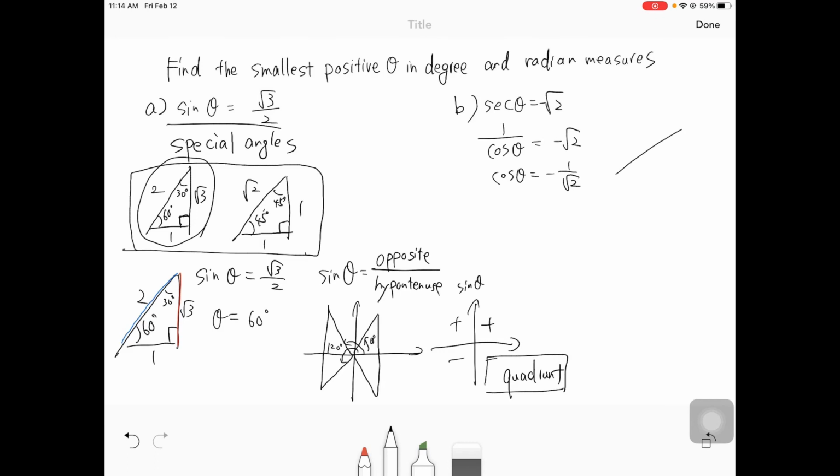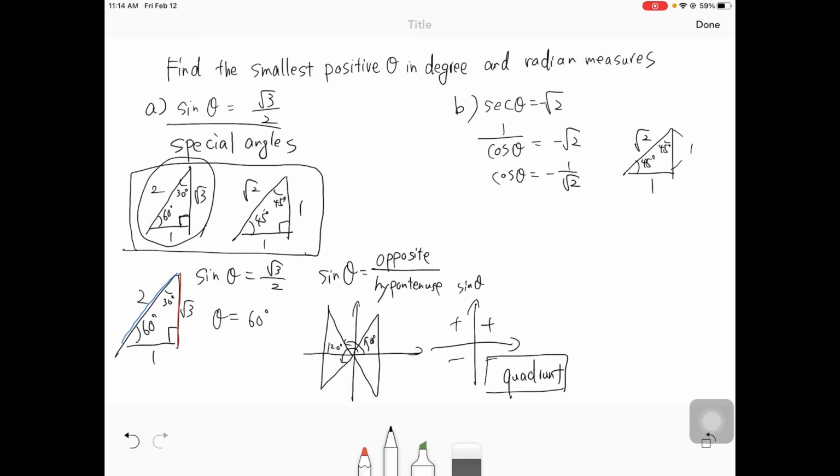Let me sketch a triangle. The triangle is like this one. This one is 1, this one is square root of 2. So this value is going to be 45 degrees. This is special angles.